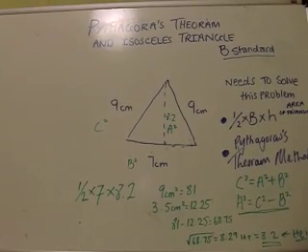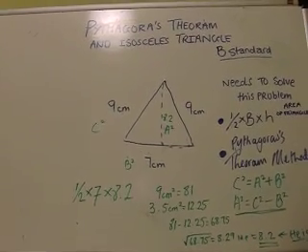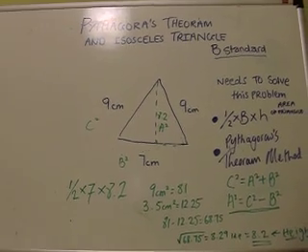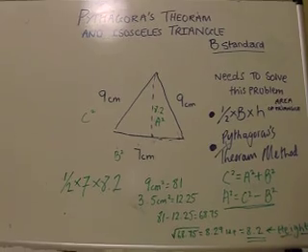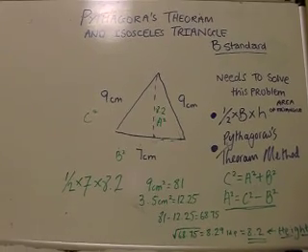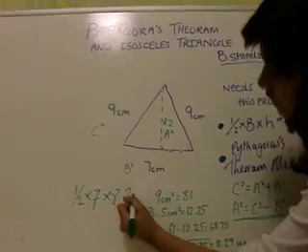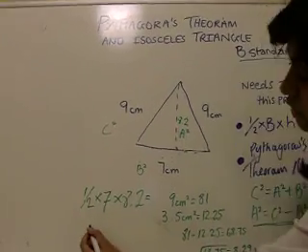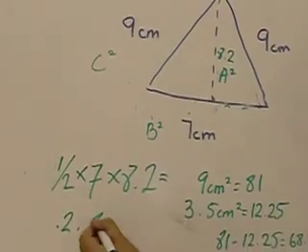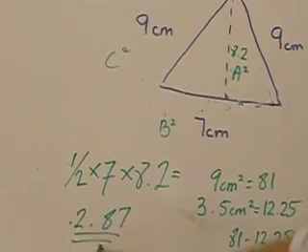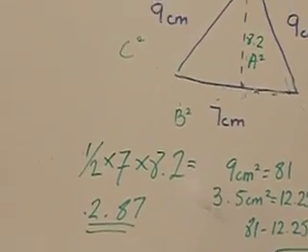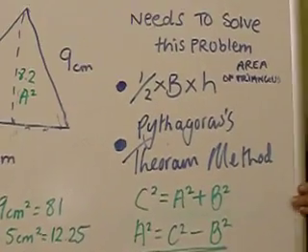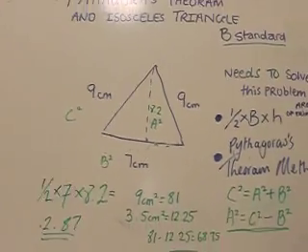Let me just work this out, which gives the total of 28.7. So using two simple things, the area of a triangle and the Pythagoras' theorem method, you have found out the area of an isosceles triangle. So there we are, done.